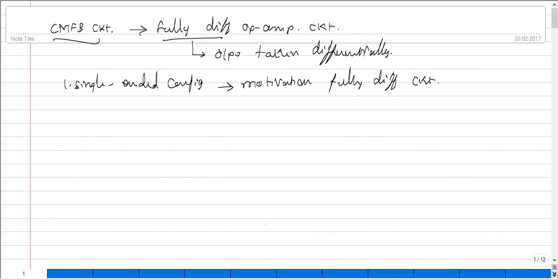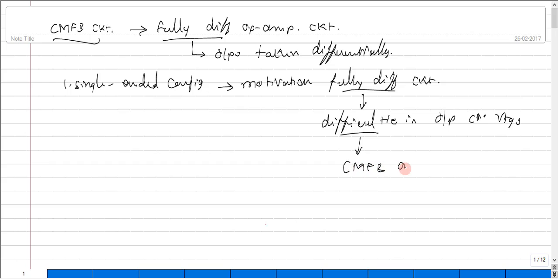Later on we'll talk about some of the difficulties in defining the output common mode voltage values for differential or fully differential op-amp circuits. And finally, at the end, we'll try to rectify this particular issue, that is the difficulty problem, with what is termed a common mode feedback amplifier.